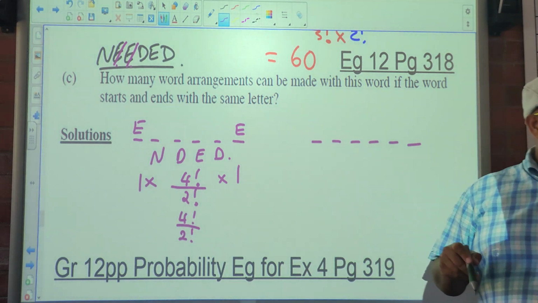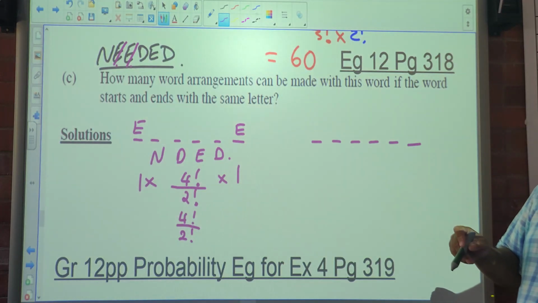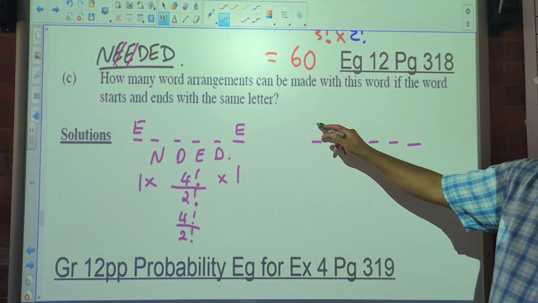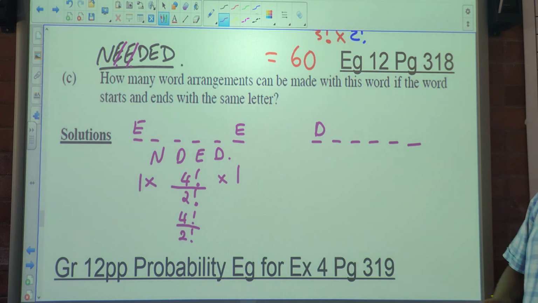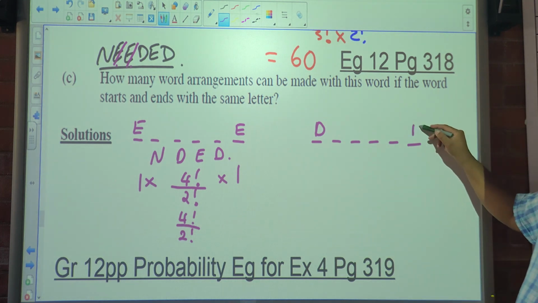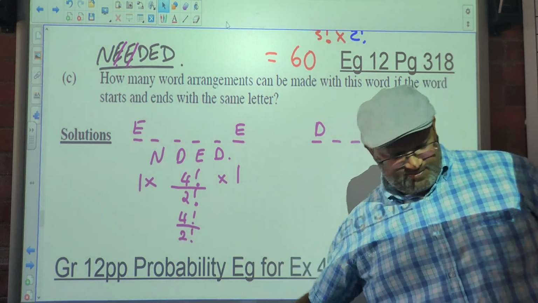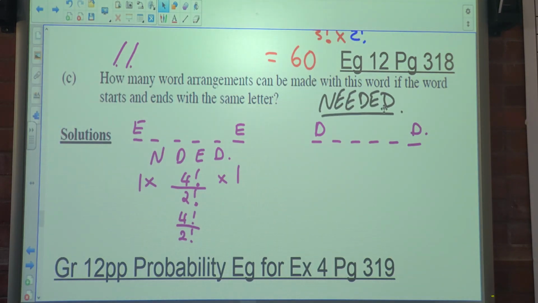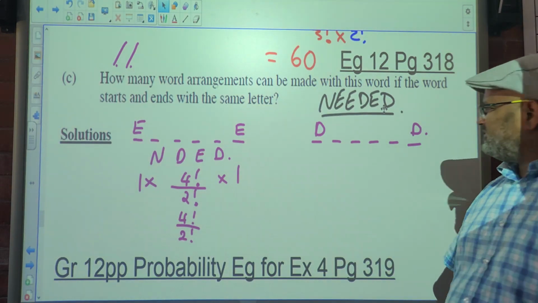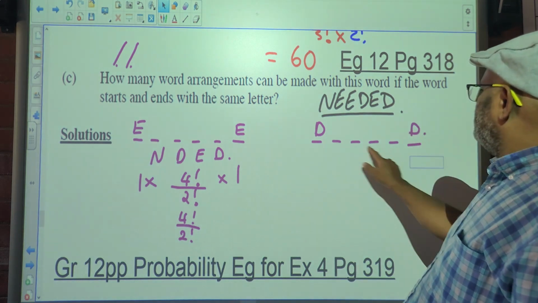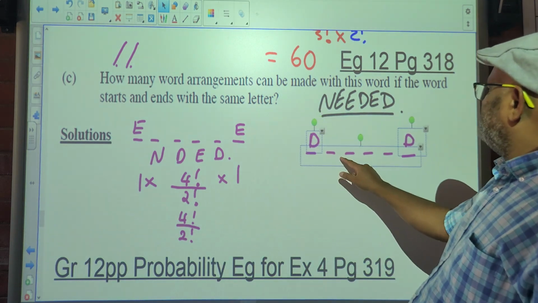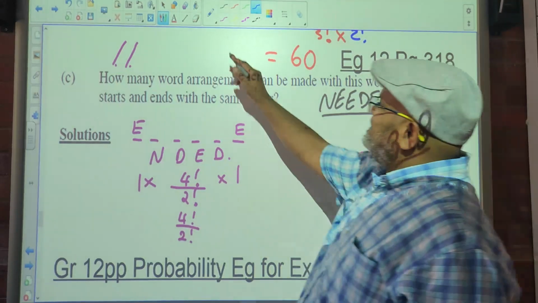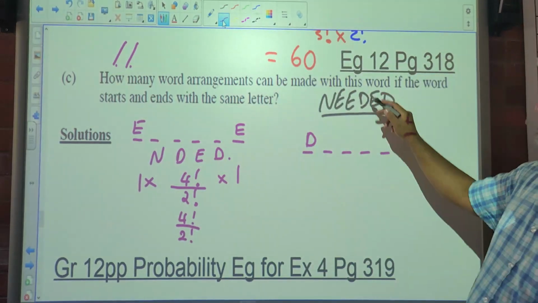So you want to start with a D, not so? You all agree with that? It could start with a D and end with a D as well. Now what? If that is the case, what are we left with? Our D's are out.